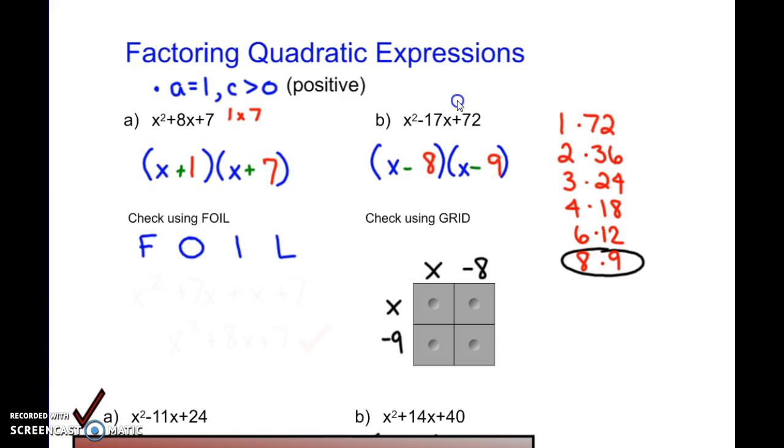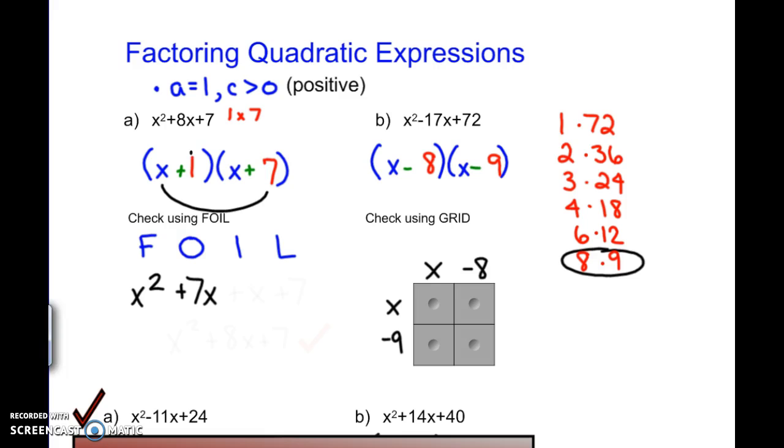Let's start with FOIL. Notice that it is FOIL, F-O-I-L. We're going to start with the F, for first. That gives me x times x, which is x squared. Then I'm going to do my outside ones, which will give me a 7x.